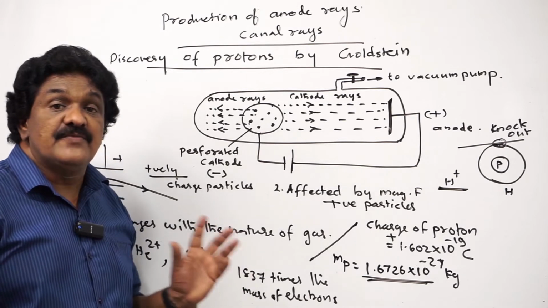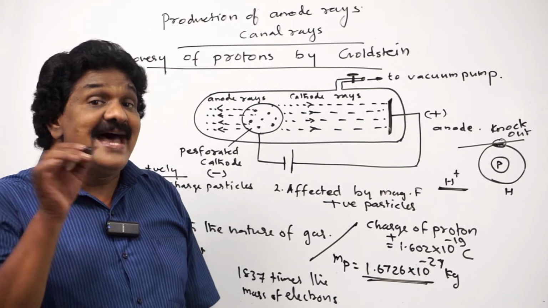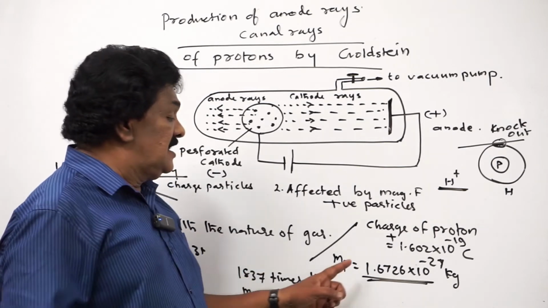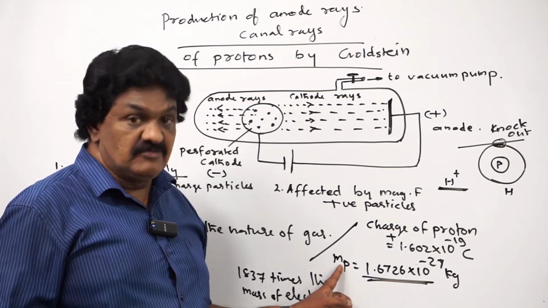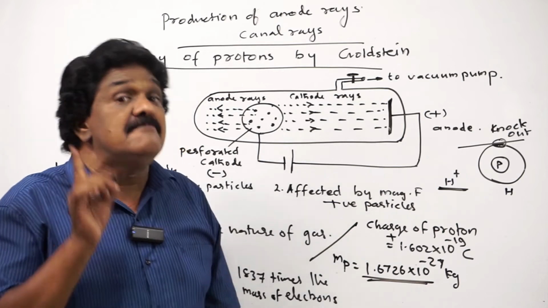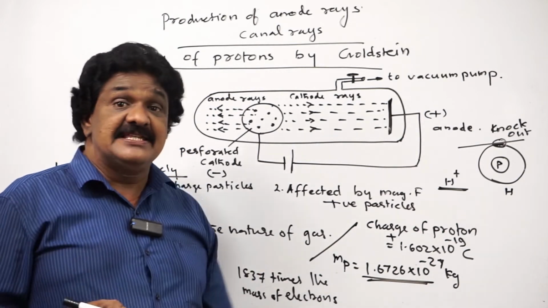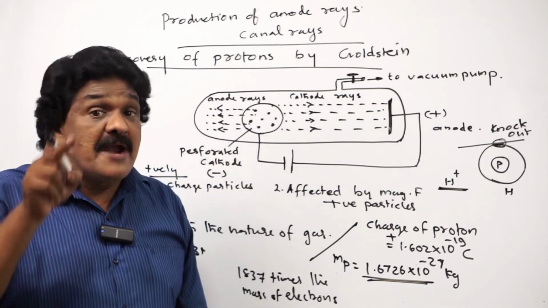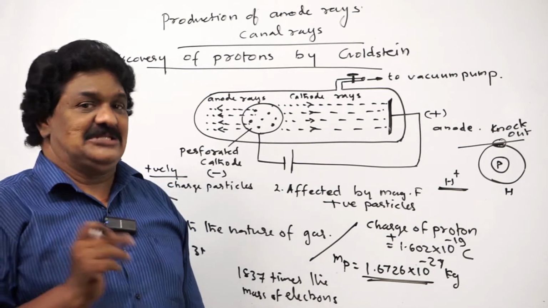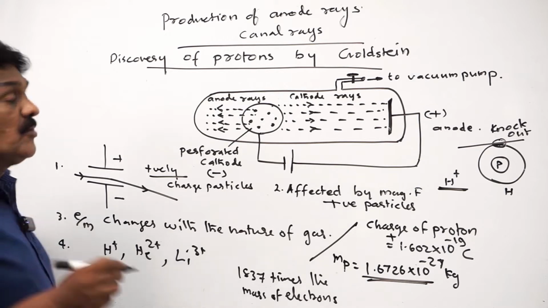That is, the mass of the electron is 9.1 into 10 raised to minus 31 kilogram. That into 1837 will be the mass of the proton. That is why we say the mass of the proton is 1837 times the mass of the electron. On the other hand, we can say that the mass of the electron is 1 by 1837 times the mass of the proton. That's all.